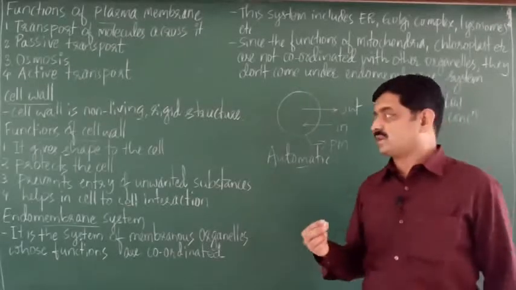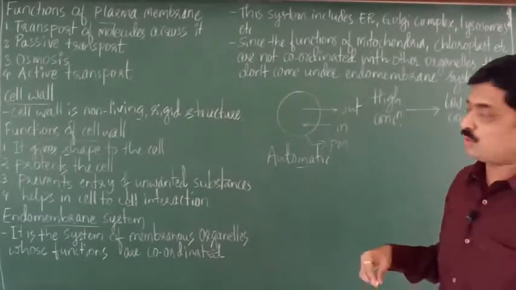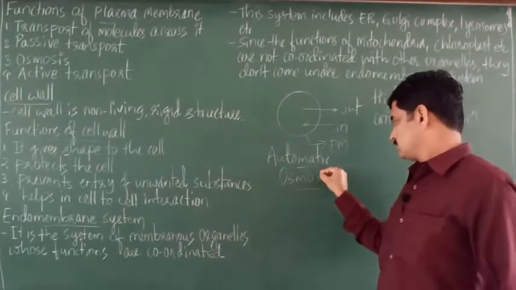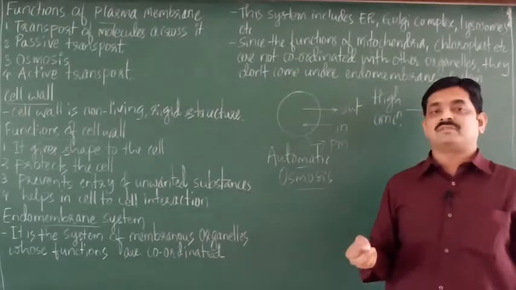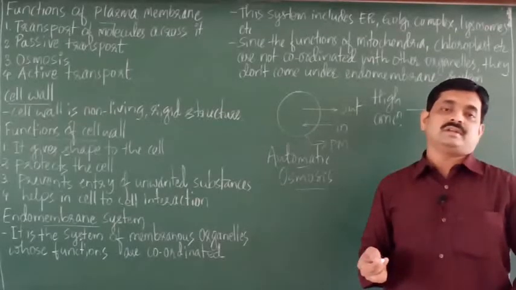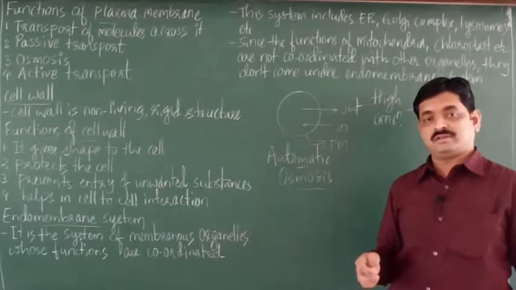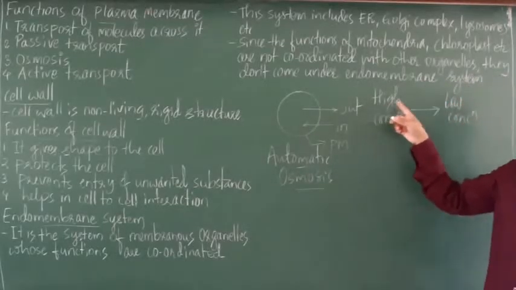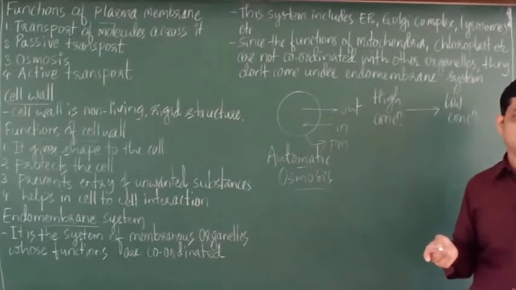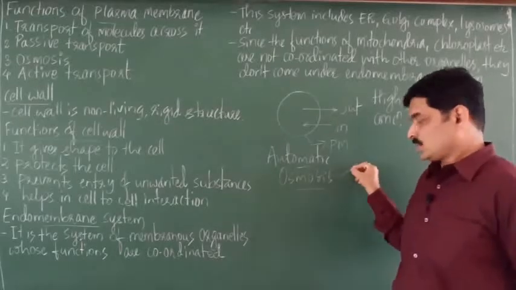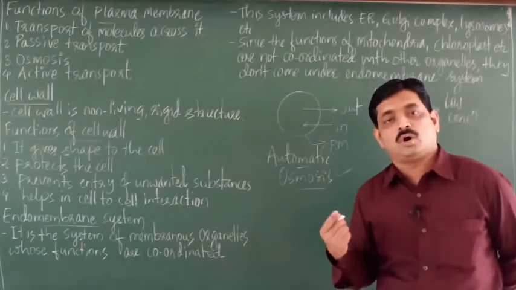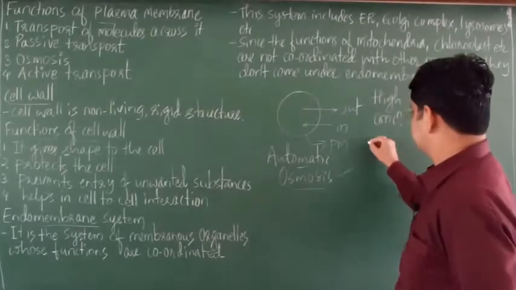One type of passive transport is osmosis. Osmosis is commonly observed in plant cells, where water is transported. So water molecules are transported from high concentration to low concentration with the help of osmosis.